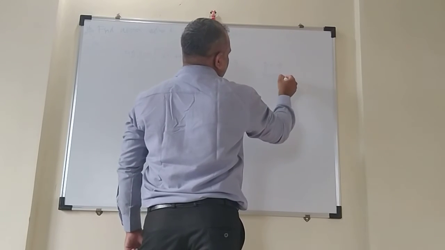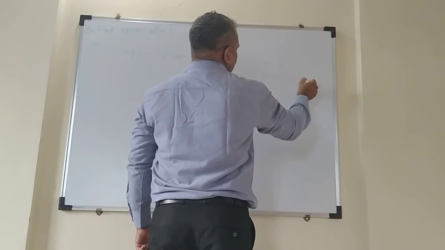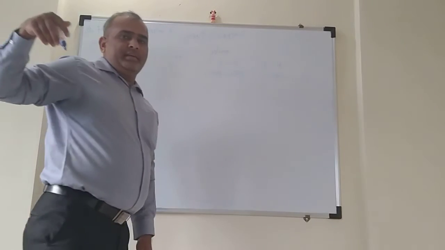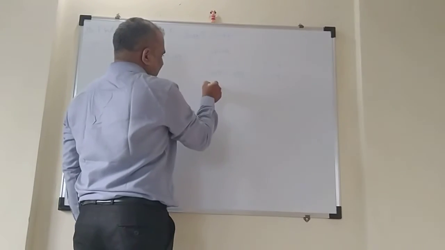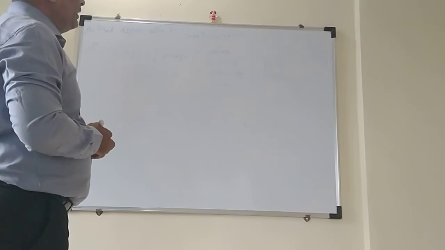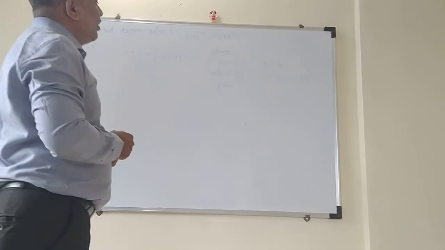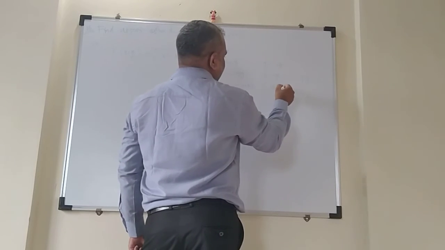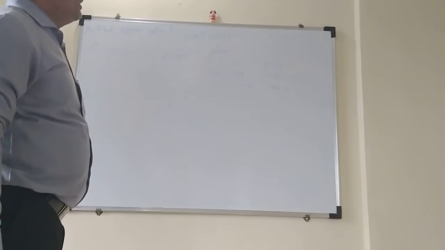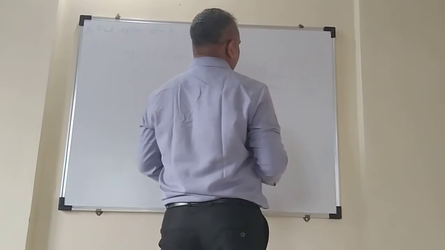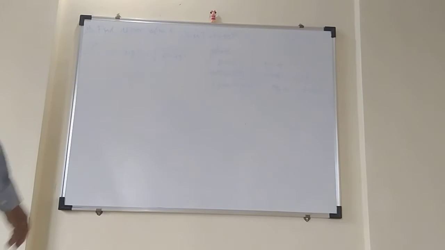So x plus delta x is equal to 2.99, isn't it? So this will give you the value of delta x is equal to 2.99 minus 3, that will be equal to minus 0.01. Similarly, the value of delta y will be equal to 3.99 minus 4, this will give me minus 0.01. So both values are approximately or exactly the same.